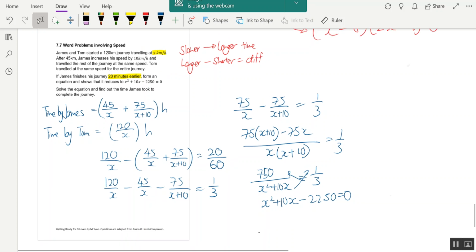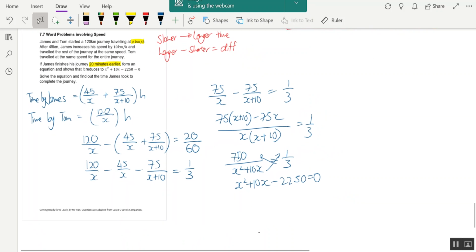You realize that it's going to be a decimal answer. So if it's a decimal answer, then we're going to use the quadratic formula.